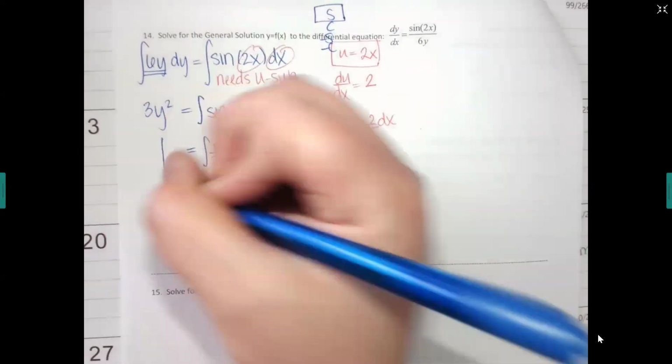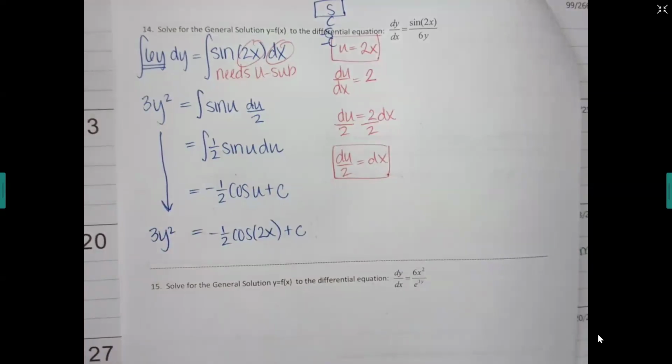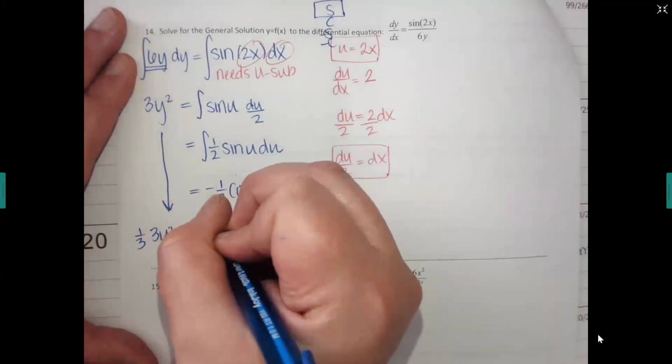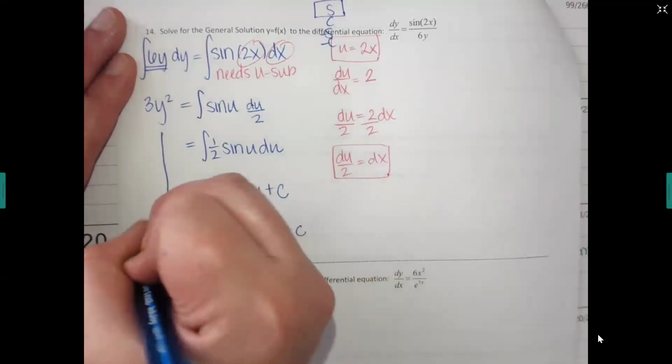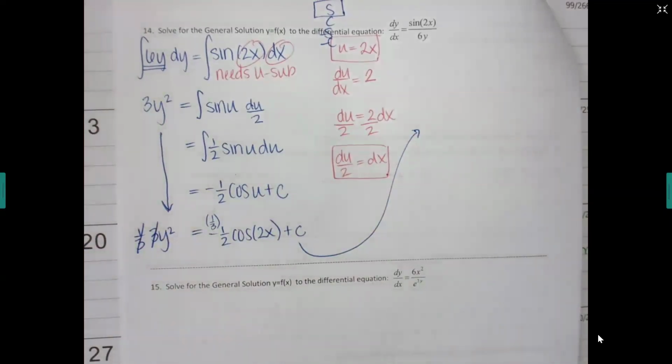And then I'm going to just carry the 3y squared down so that I can keep solving. What would my next step be to get rid of the times 3? Divide by 3. Okay, and I'm going to think about that as a third. What happens when you multiply a third on a half? A 6. Remember, you multiply the tops, multiply the bottoms.